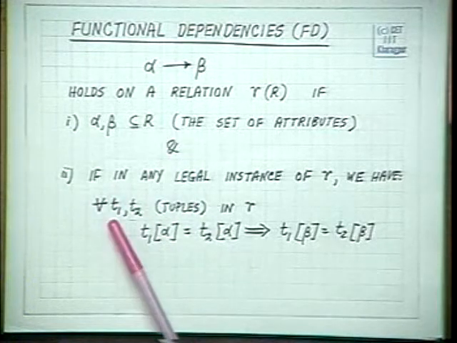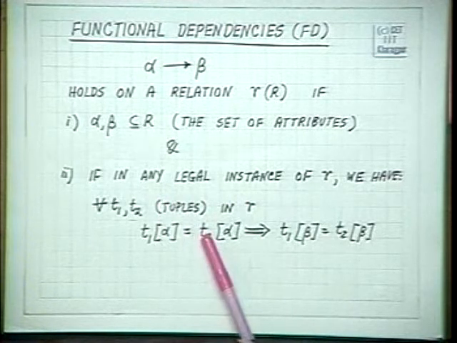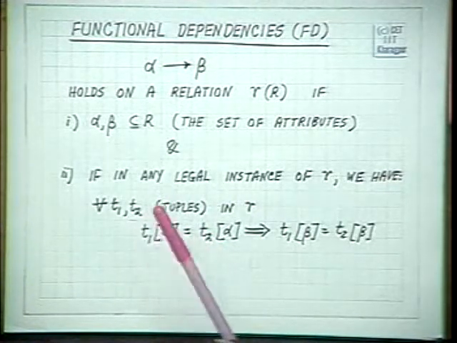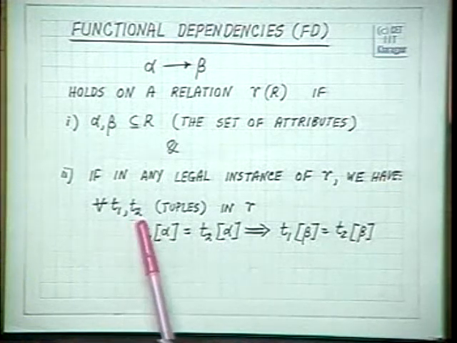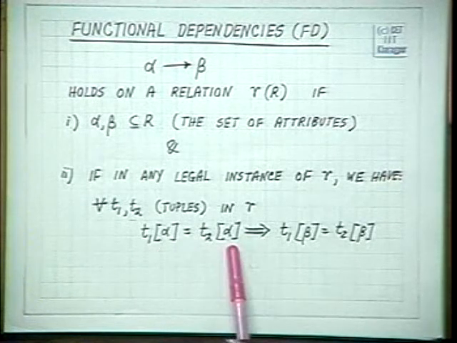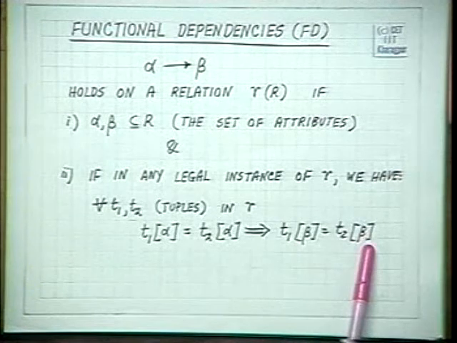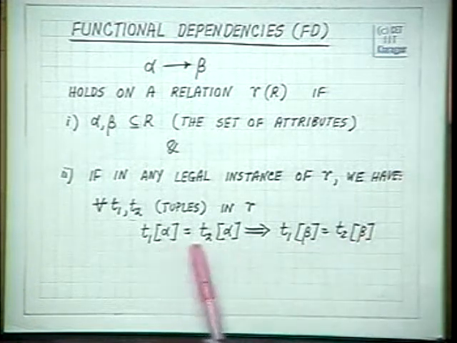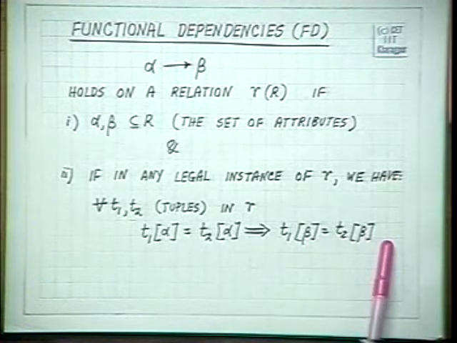What does it mean? In any legal instance of R, this must hold. Every legal instance of R must have, for all tuples T1 and T2 in R, if their alpha part is equal, their beta part must also be equal. If their alpha part is different, the implication says anything can happen here, they may be same or different, I do not care.